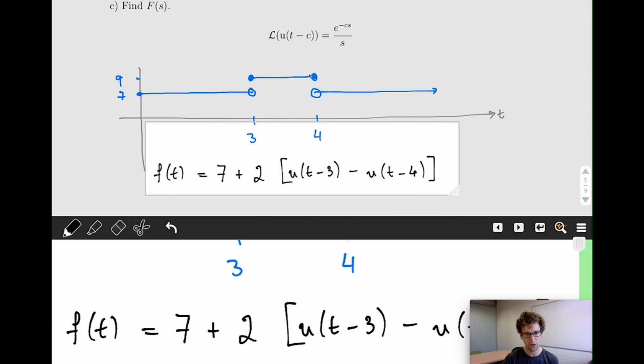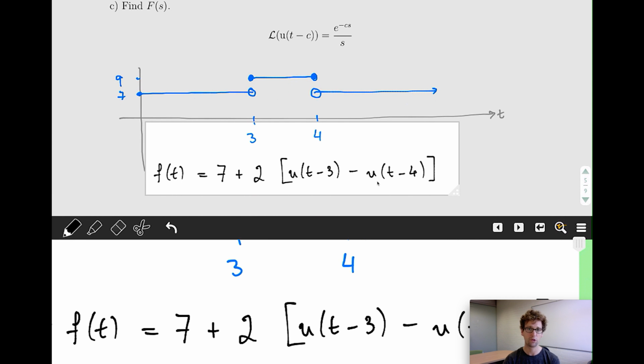But notice here that we don't do that on this discontinuity at t is equal to 4. As we come in from the left-hand side, the definition of our function is actually that we include this point, but don't include this point. So that's actually slightly different from the way that we have defined the switch on, switch off function in terms of our Heavisides.